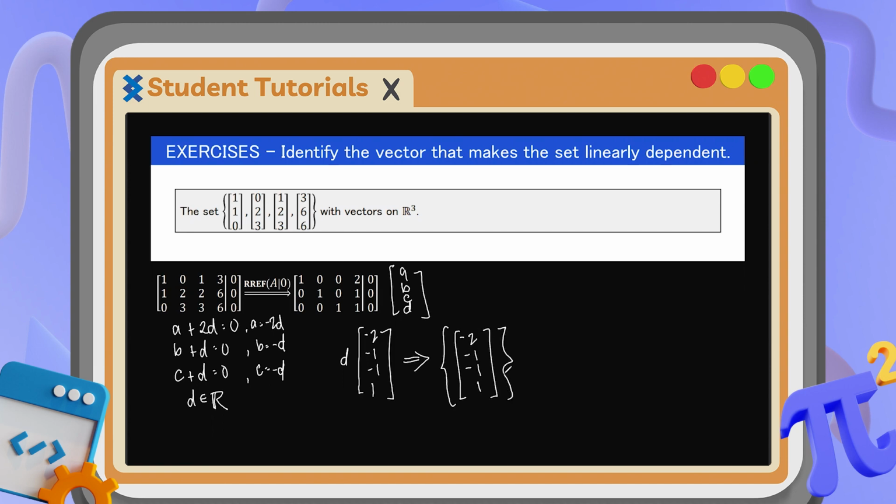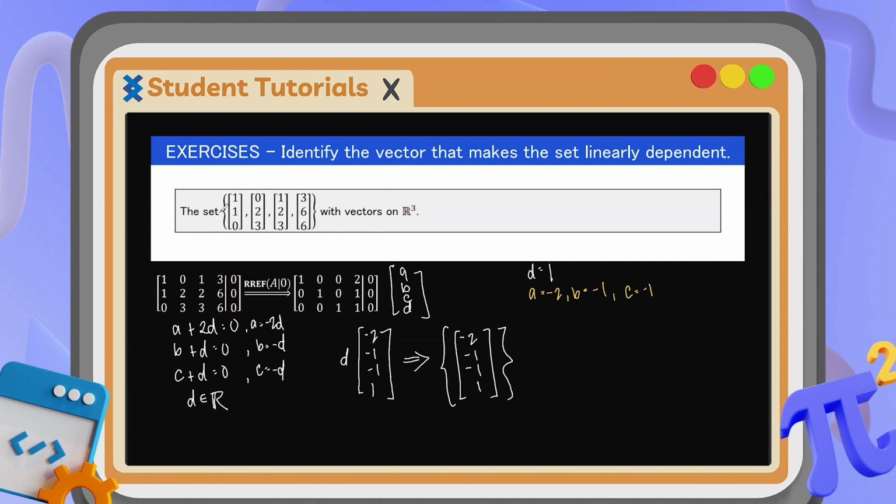The fact that the solution is not only the zero vector means that it is in fact linearly dependent. Let's find a value for d that would show which vector is making it linearly dependent. Let's say d is equal to 1. Then a is equal to negative 2, b is equal to negative 1, and c is equal to negative 1.